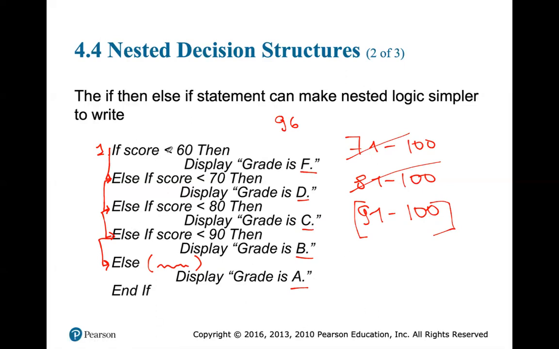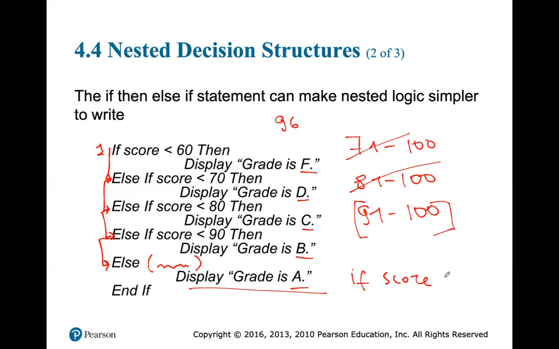So again, this comes with a very interesting logic, because you would not be able to do this if you flipped these values, right? If this would come first, display grade is A. For example, if we're checking if the score is less than 100, right? This is how our program would not work.